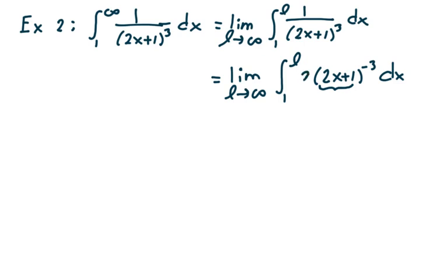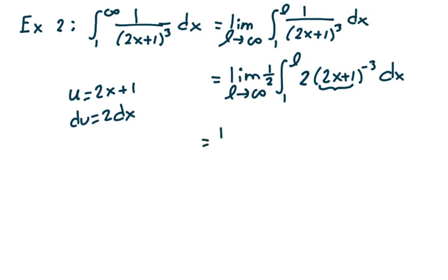So if I put a 2 here, I need to multiply this integral by a half. Okay? And why did I do that? Because if I let u equal 2x plus 1, my du is 2 dx. And so in my mind, I'm integrating u to the negative 3 du, if that makes sense.